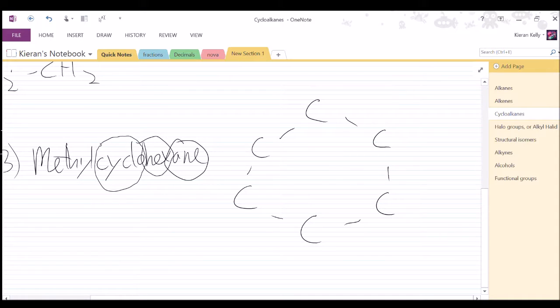And what I said with the hydrogens before, you're going to put your hydrogens in based on how many bonds are attached to each carbon. So right now, each carbon has 2 hydrogens. But we're not finished yet. We have this guy right here, methyl.